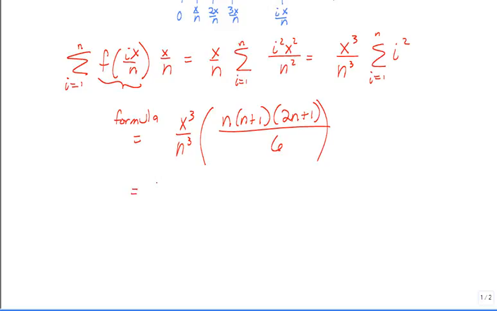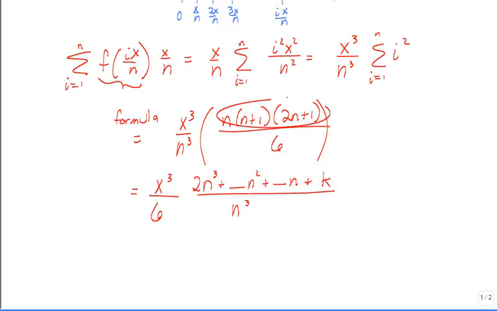Okay, and that's going to be x cubed over 6, and all this over n cubed, and that's going to be n times (2n cubed...). When I multiply that out, you're going to get 2n cubed, plus something n squared, plus something n, plus another constant. And if you want to FOIL all this out, you can. It doesn't matter, though, because when you divide it by n cubed, you're going to get x cubed over 6 times 2 plus something over n plus something over n squared plus some constant over n cubed.